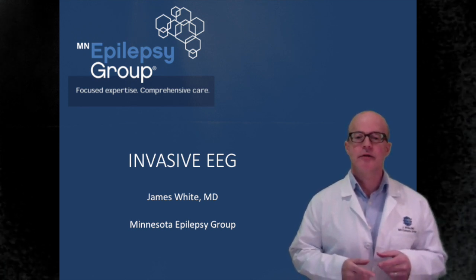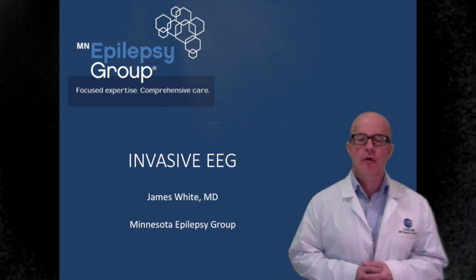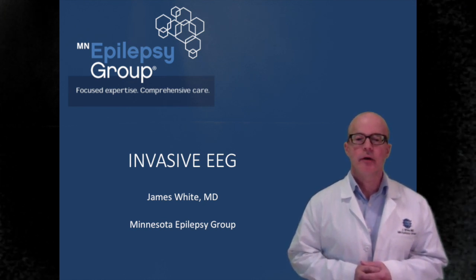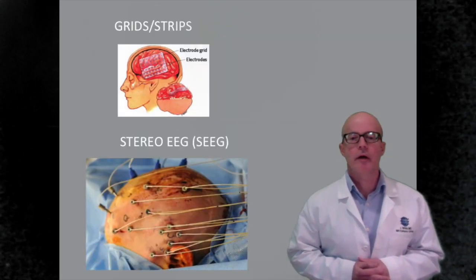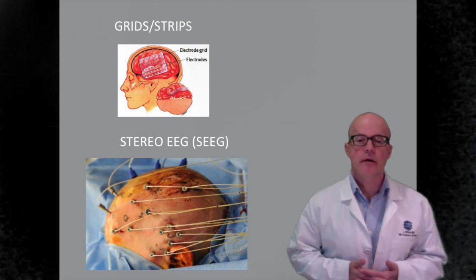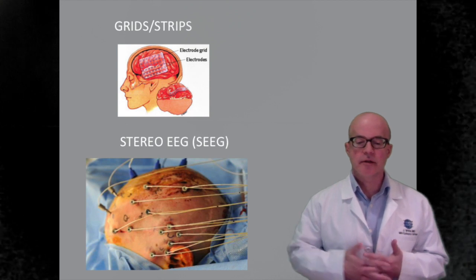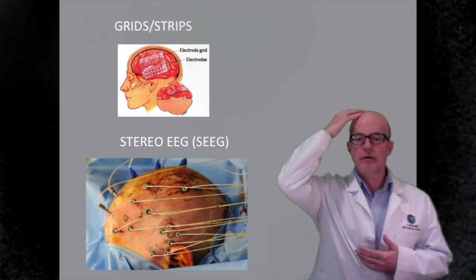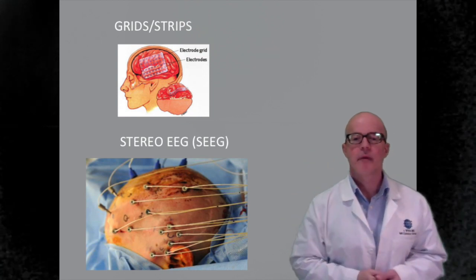This information is created specifically for Abbott Northwestern H8000 nursing staff. The topic that we're going to cover is invasive EEG monitoring. As people know, invasive EEG is electrodes being placed under the skull, right on the surface of the brain, or actually into the brain.